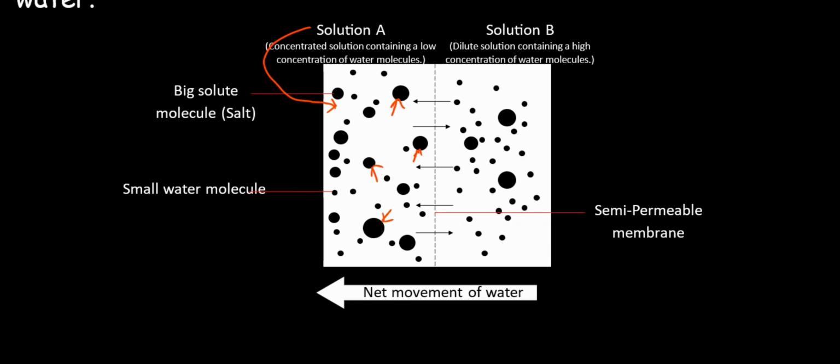You see, they are in high concentration in solution A. Now, moving to solution B. Solution B has a smaller amount of solutes dissolved in it. The solutes in solution B are also outlined to you.